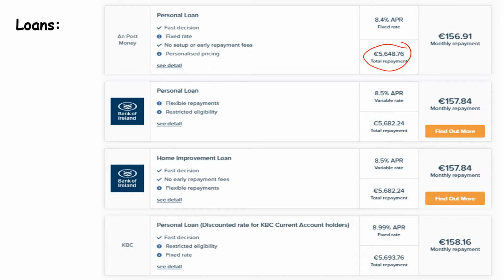So you can see here that I end up paying an extra €648.76 over 5 years. So there is a question about, do you really need loans? But yes, loans exist for a very specific reason, and a 5-year loan might be something like a car or even education. Somebody going to college would need to cover that.